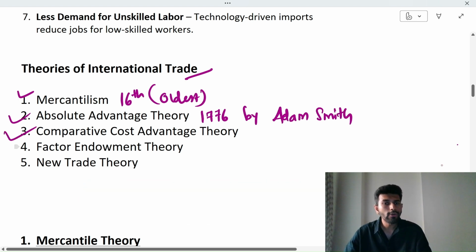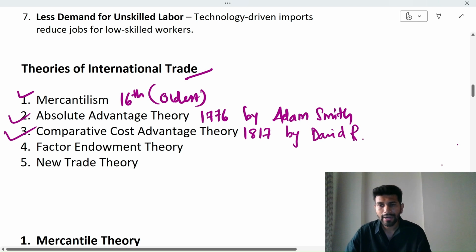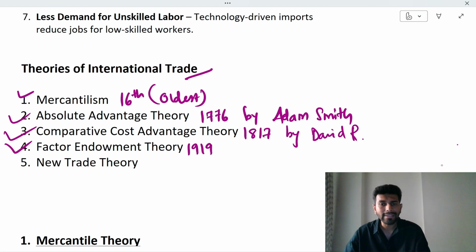Then comparative cost advantage theory was introduced in the year 1870 by David Ricardo. Factor endowment theory was introduced in the year 1919 by Eli Heckscher and further it was extended in the year 1933 by Ohlin.